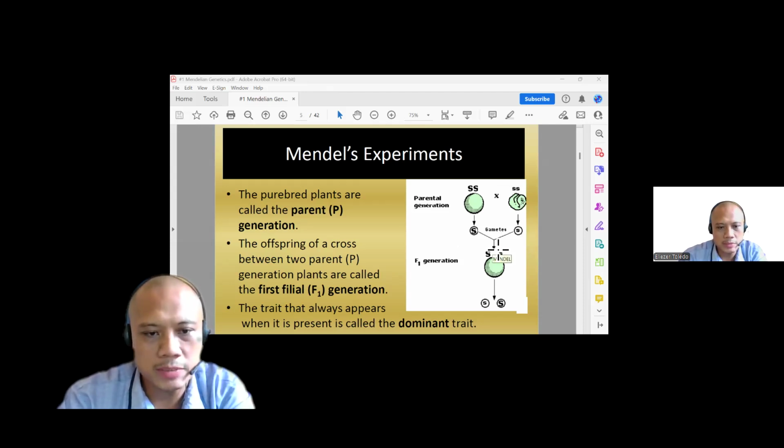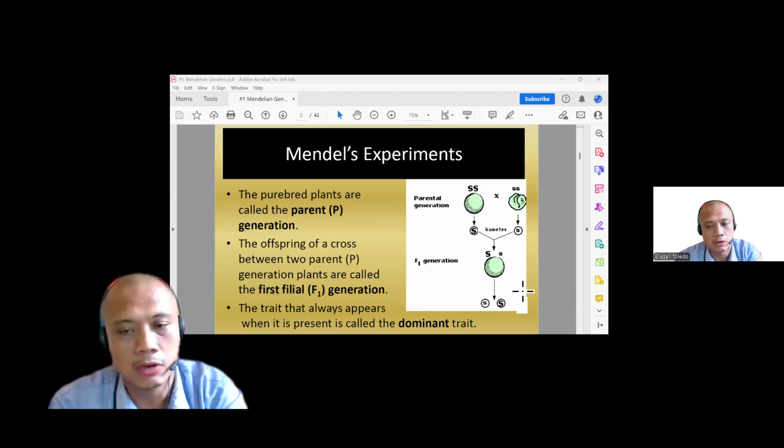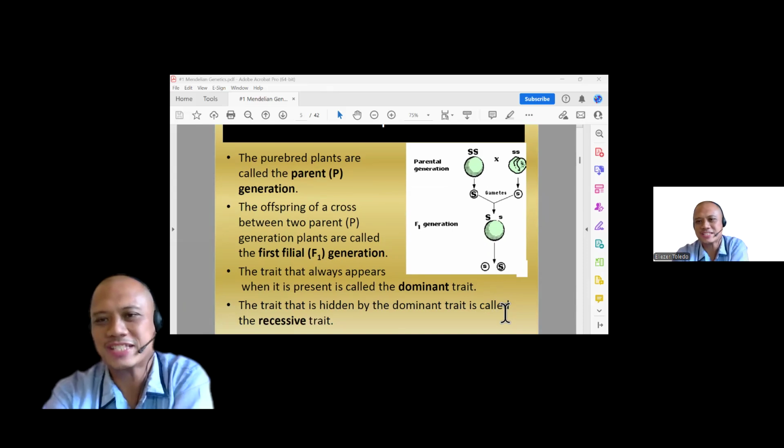The trait that always appears when it is present is called a dominant trait. Take note of that one. P for parent, F1 for the first filial generation, and dominant trait as a definition is out already. Next, the trait that is hidden by the dominant trait is called the recessive.